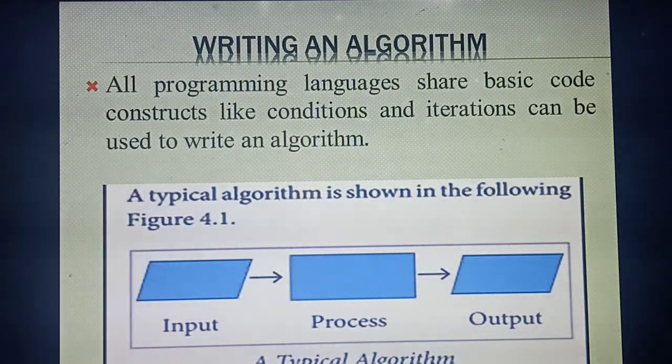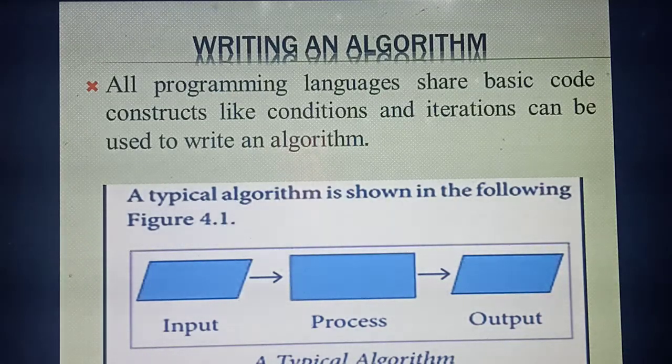The same thing you have studied in 11th standard also. Define computer: that definition you have studied, with the same diagram of input, processing and output. In the same way, for an algorithm, you need to give proper input. After getting the proper input, the particular thing is going to process.